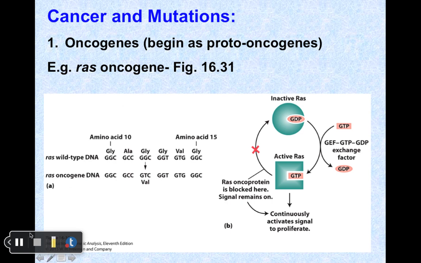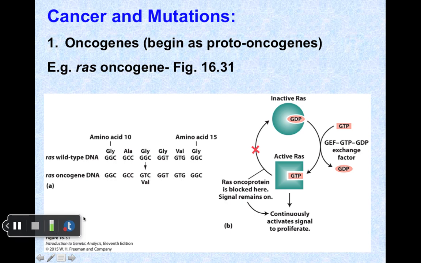One widely studied example is the RAS oncogene. RAS comes from rat sarcoma. That's what it's named after. And it goes something like this. Within cells of many organisms, there are receptors that can bind to growth factors. When growth factors bind to the receptor, that then triggers a change in a G protein known as the RAS G protein.